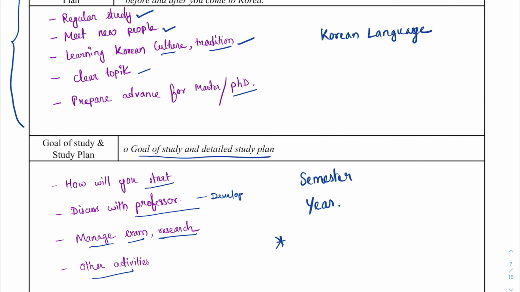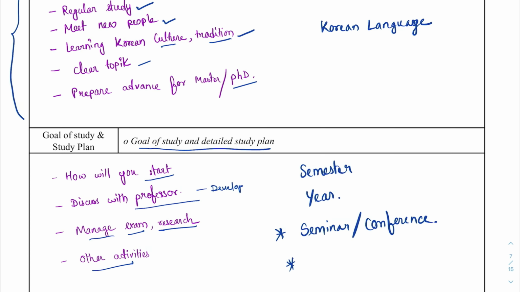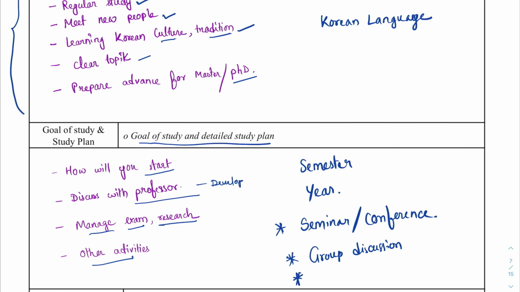Also mention whether you will attend any seminar or take part in any conference. Some key points you can put are group discussion with your classmates or lab mates, and games and sports, because you will be here for a long time.